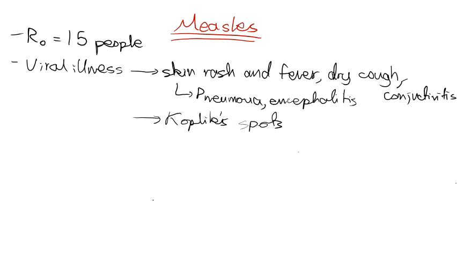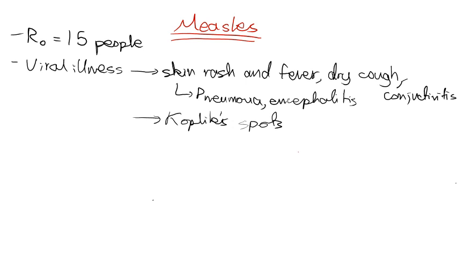And this is quite pathognomonic, or I would say probably the most pathognomonic feature of measles. So if you see the presence of Koplik spots in the mouth of a patient, then you can pretty much say that this patient has measles.